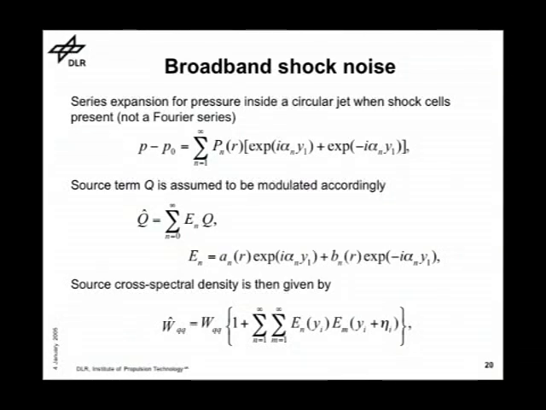And so I assume that the turbulence sources which I used before in my calculation are unchanged, except that they are now modulated. The modulation amplitude is En, and En is an arbitrary amplitude times e to the plus or minus alpha n axial separation.